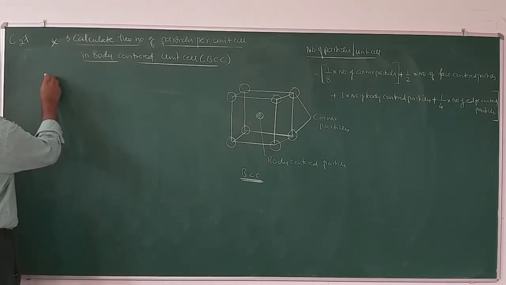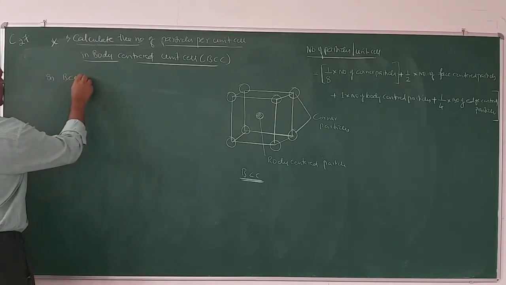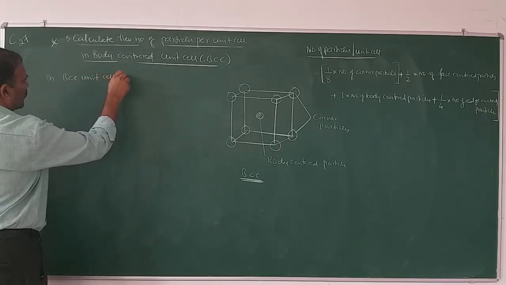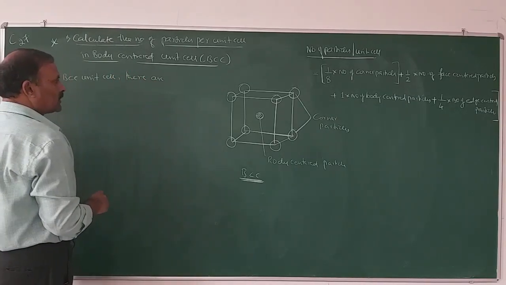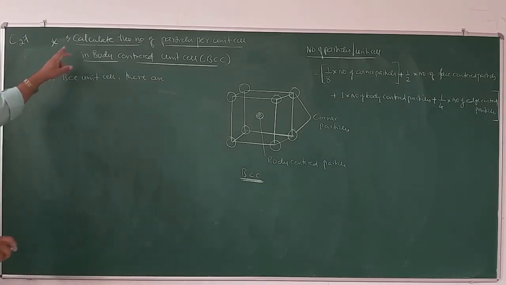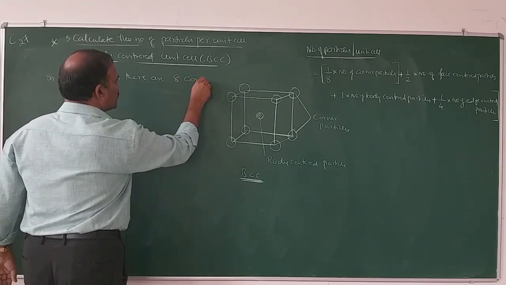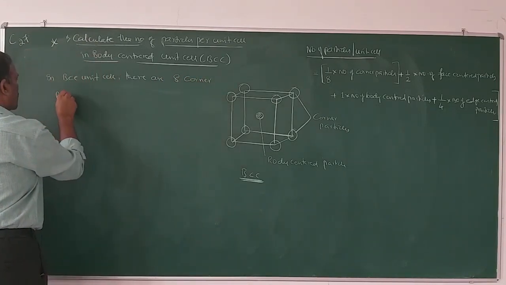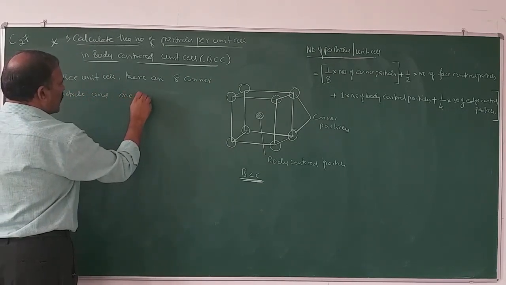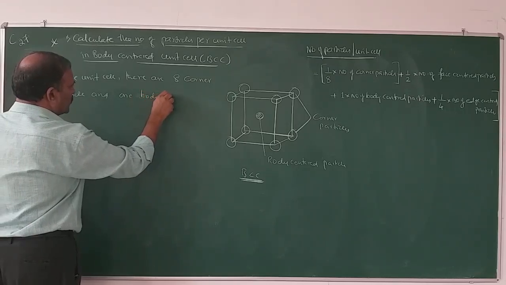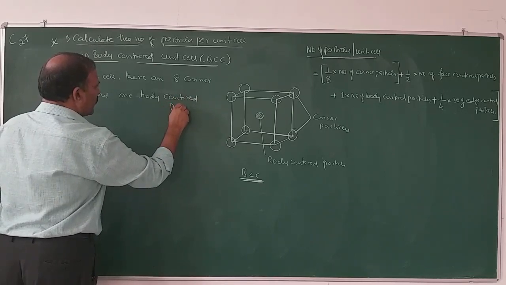So write down, in BCC, body centered cubic unit cell, there are 8 corner particles and 1 body centered particle.